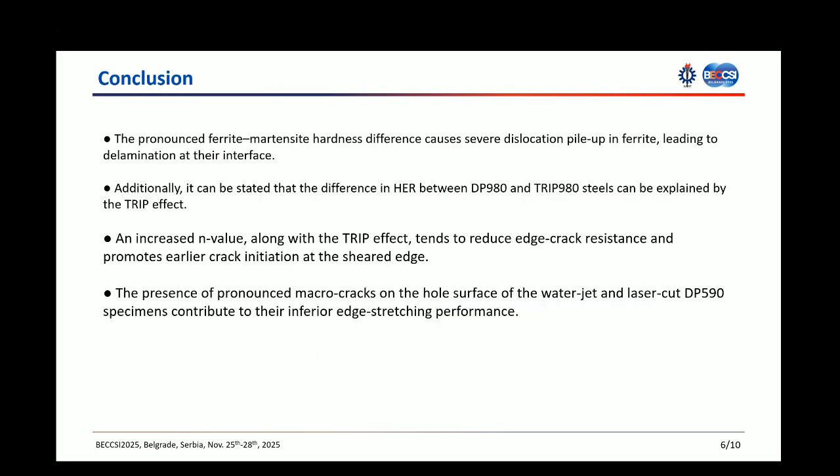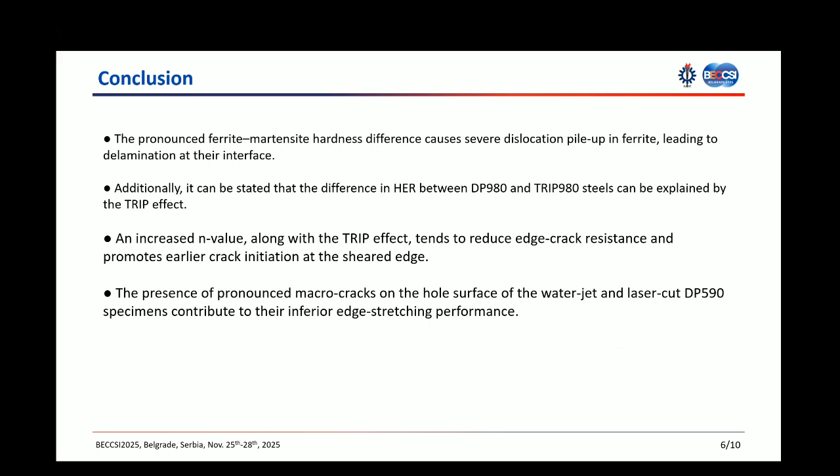And the last page is the conclusion. The pronounced ferrite martensite hardness difference causes severe dislocation pileup in ferrite, leading to delamination at their interface, as you can see in the SEM pictures.